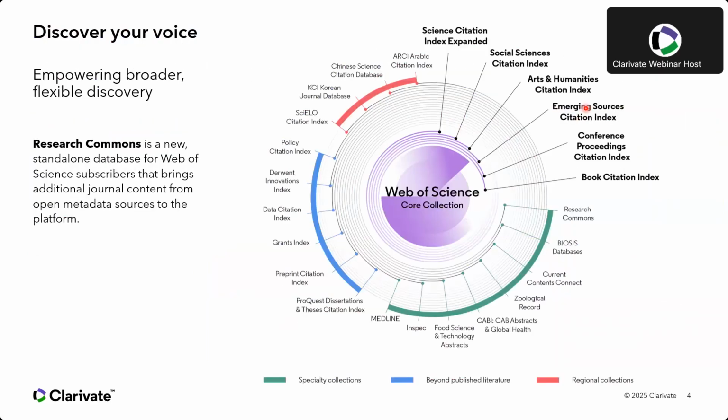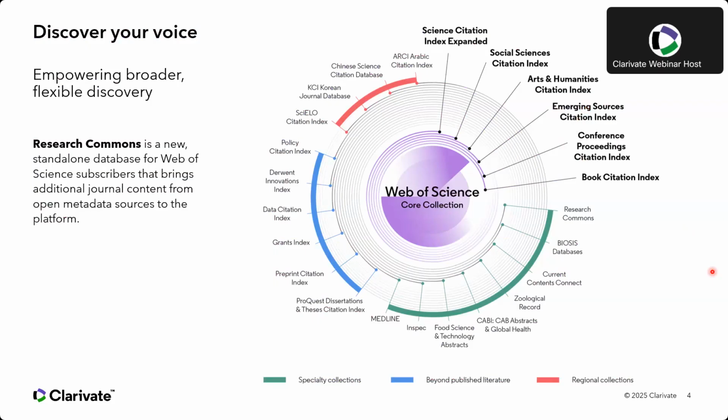So when you look at the platform, what we've done, we also introduced recently the Research Commons collection. That's a new standalone database for the Web of Science subscribers, so people who have access to the Web of Science.